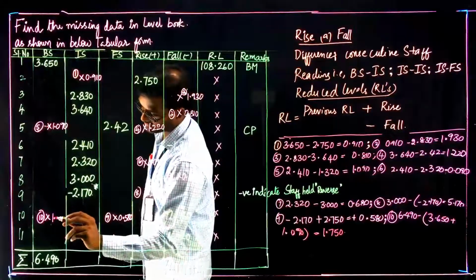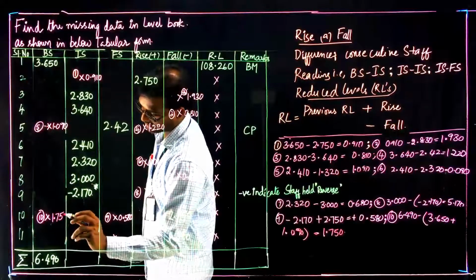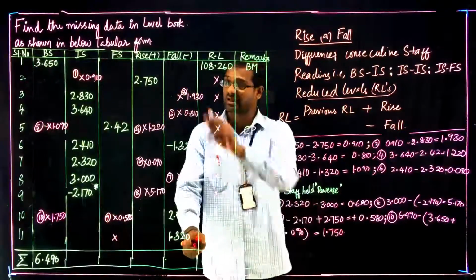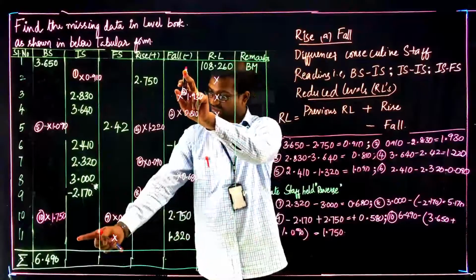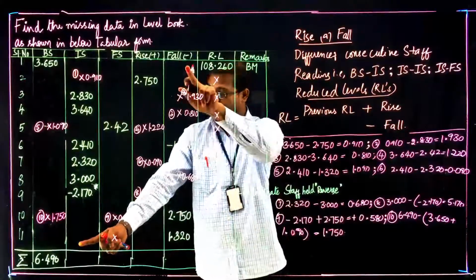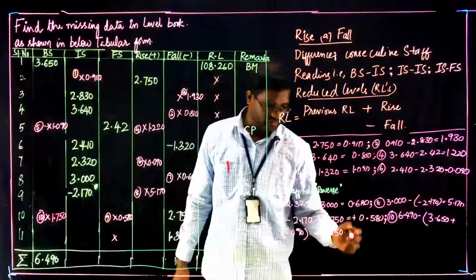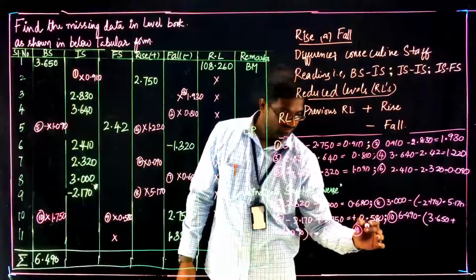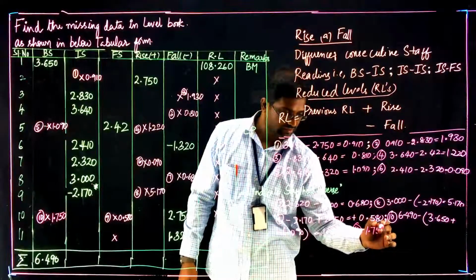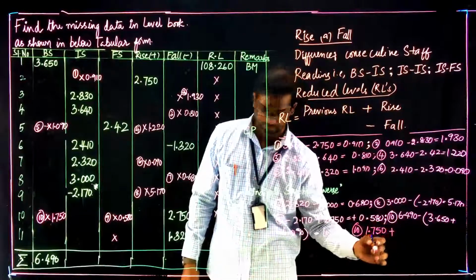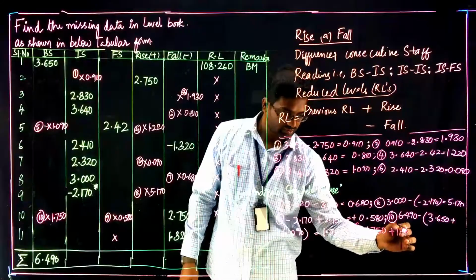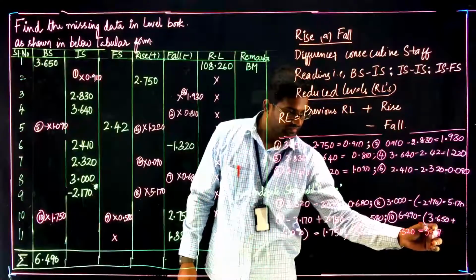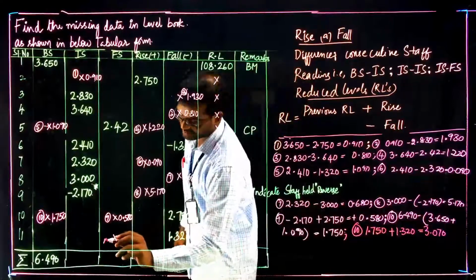This value is 1.750. Now this minus this will give you this value, which is again a fall. So this value would be more because we are getting negative. So 1.750 plus 1.320 will give you a value of 3.070.